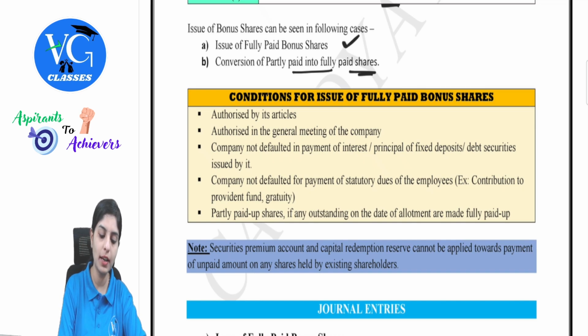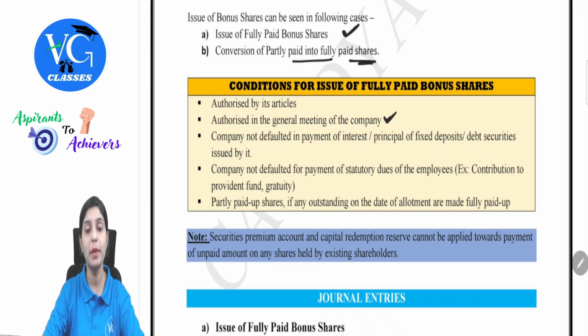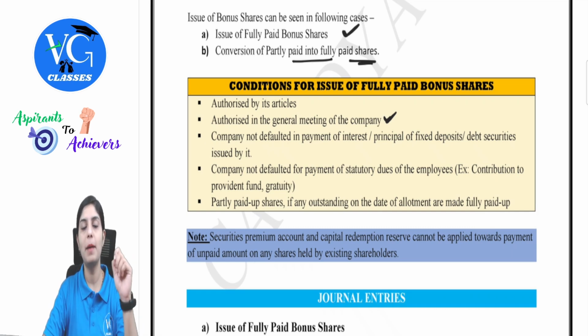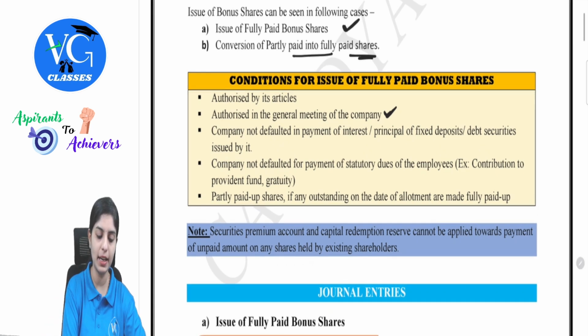Next, it should be authorized in the general meeting of the company. Whenever the company decides to come up with a bonus issue, they should make sure that it has been discussed and approved by the members sitting in the annual general meeting. Next, the company has not defaulted in payment of interest or principal of fixed deposits or debt securities issued by it.